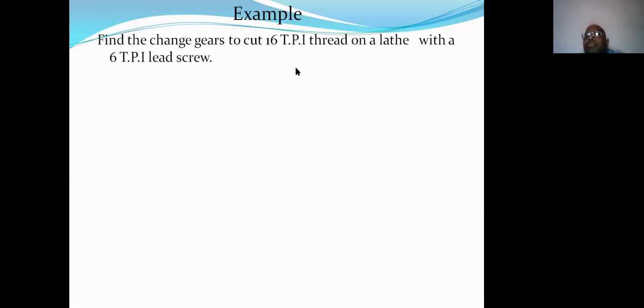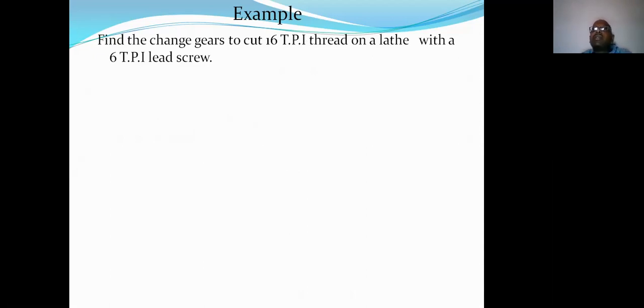In this particular problem, there is no need to use the conversion factor 127 because both the units are given in the inch method. The job has 16 threads per 1 inch. So what is the pitch? How to calculate the pitch?